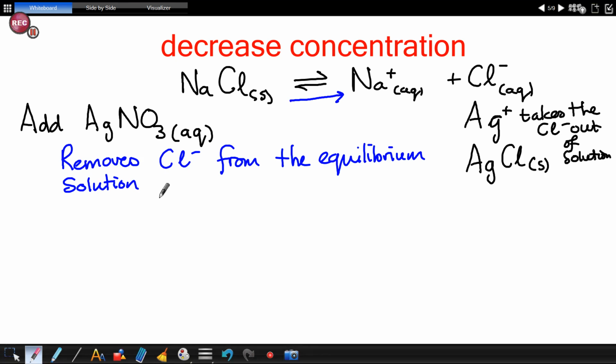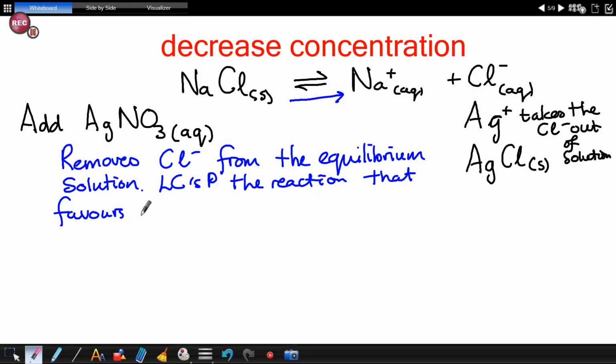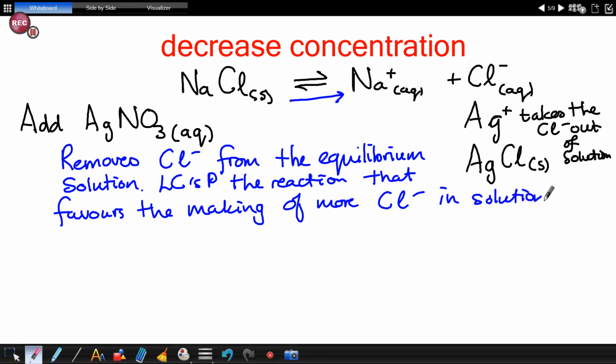So it's disturbing the equilibrium. And Le Chatelier's principle says the reaction that favors the making of more Cl negative in solution will be favored.